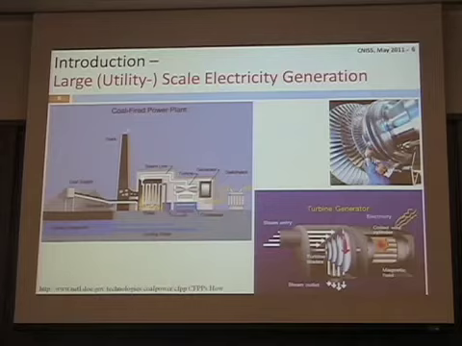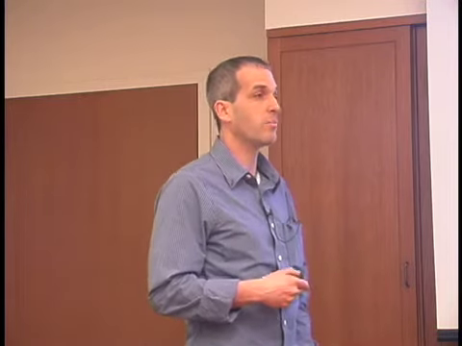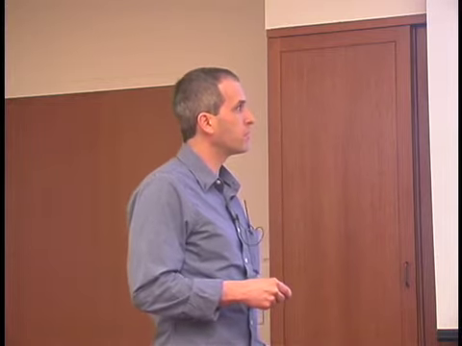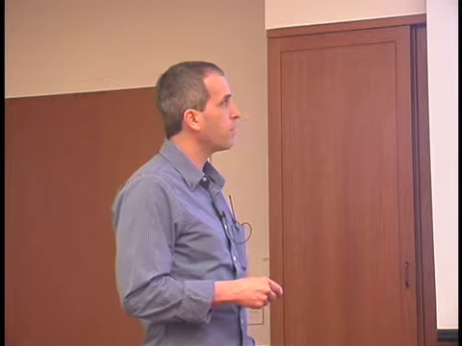So how do we generate electricity on a large scale? Here we can see a coal-fired power plant where the coal supplies run through a giant boiler where it's heated to high temperatures. This heat is used to generate steam, which runs in these pipes.